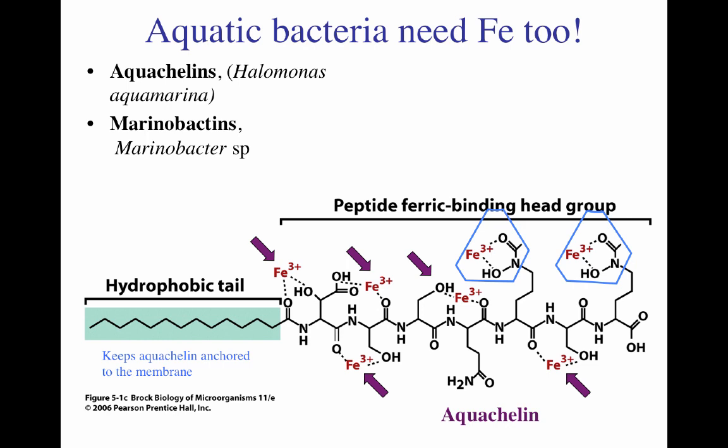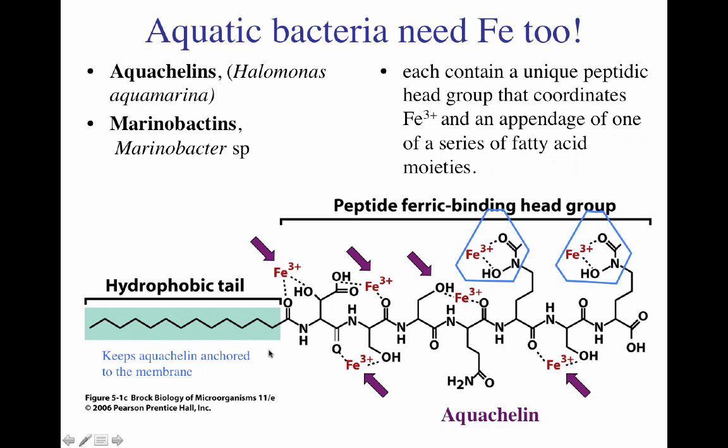So what they have resolved to do, for example in the case of aquachelin, which is shown here in this image, is to have a hydrophobic tail that keeps the aquachelin molecule anchored to the membrane. As you can see from this illustration, the molecule is exposed to the outside of the membrane, where the bacteria are able to bind iron by the hydroxamate groups shown here in blue.